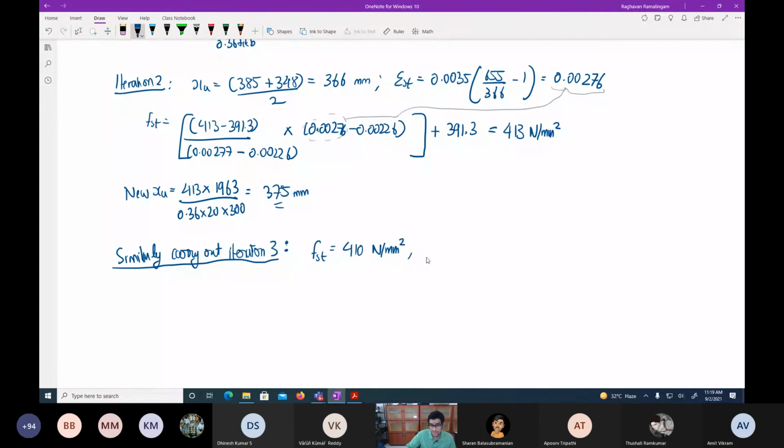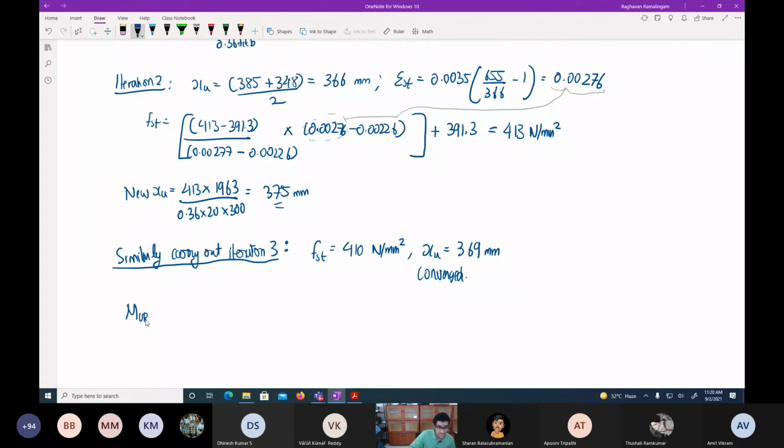For the purpose of this class, let me just assume it. And the XU then you find out as maybe 369 mm or something like that, and you will say that it is converged. This is what you will have to use in finding out the moment of resistance.